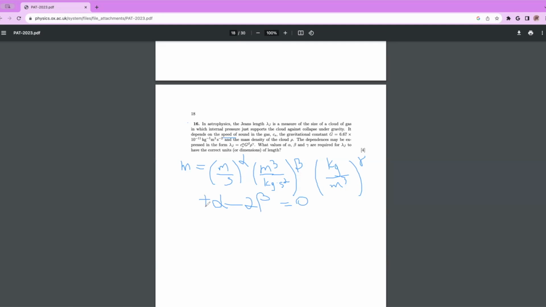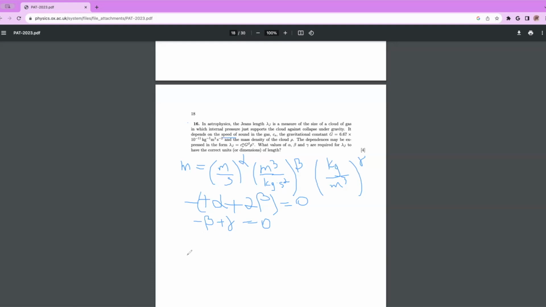And there's also kilograms now. So you have inverse kilograms, meaning negative beta, and plus gamma, because it's kilograms to the 1. And that's equal to 0 as well, because there's no powers of it. And that tells us that gamma is equal to beta. And that's very convenient.